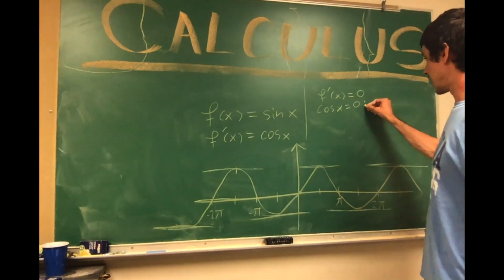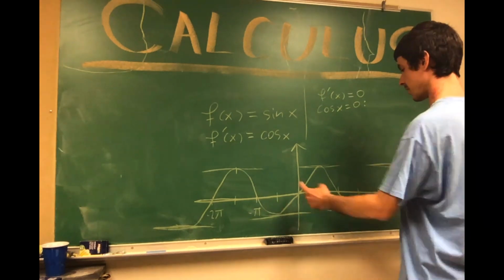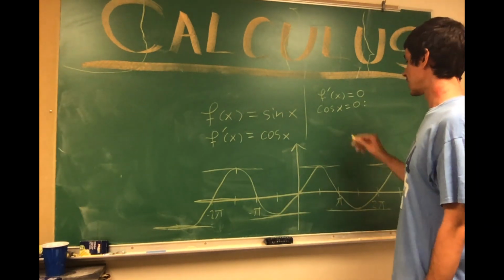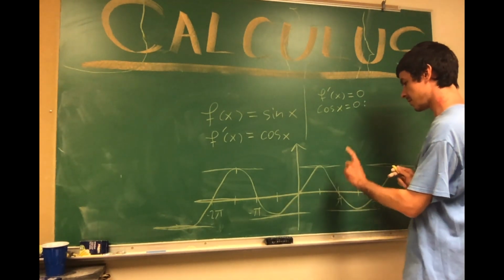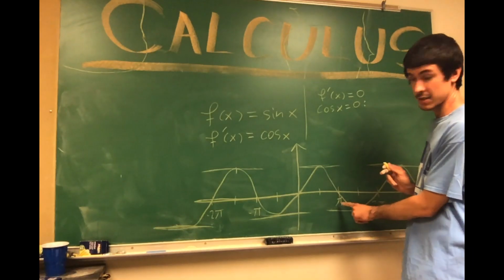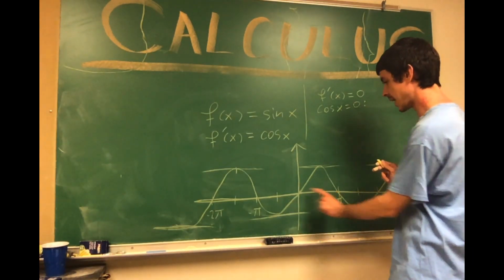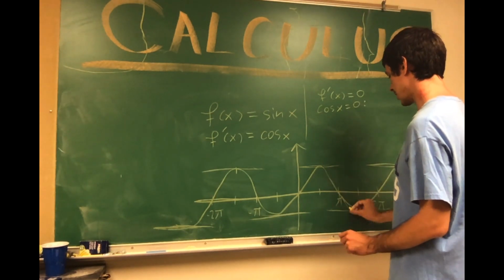And this is going to be every multiple of pi over 2 which is not a multiple of pi, because at multiples of pi the slope is not going to be 0.